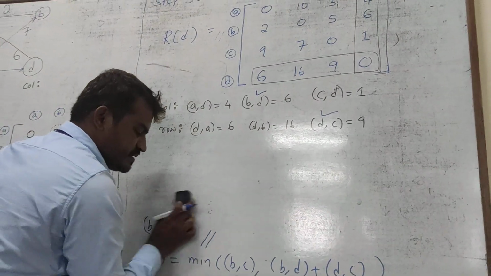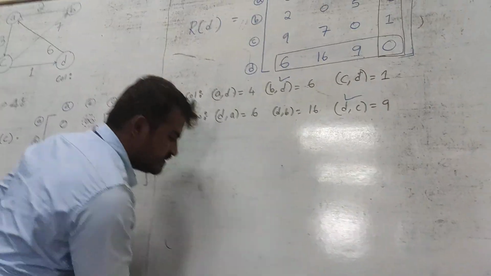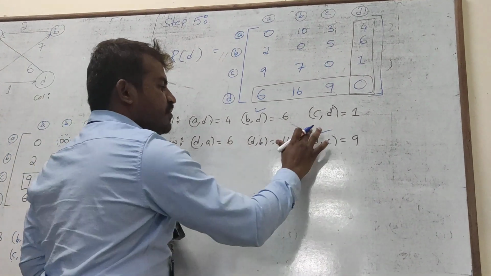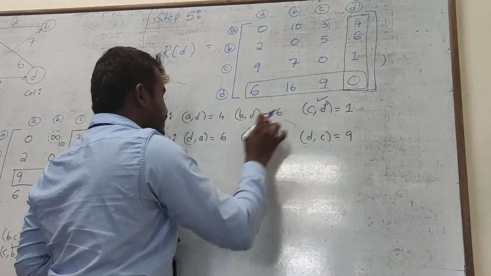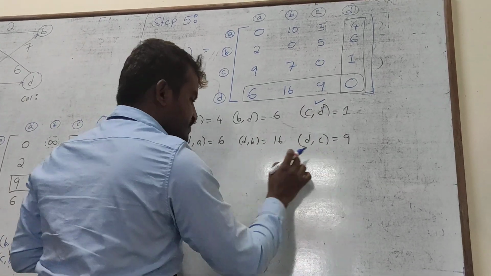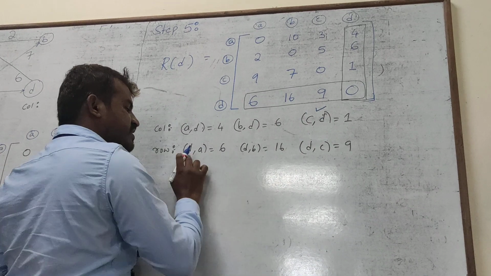Now again, after this, make a combination: B to D, C to D with all the remaining edges.